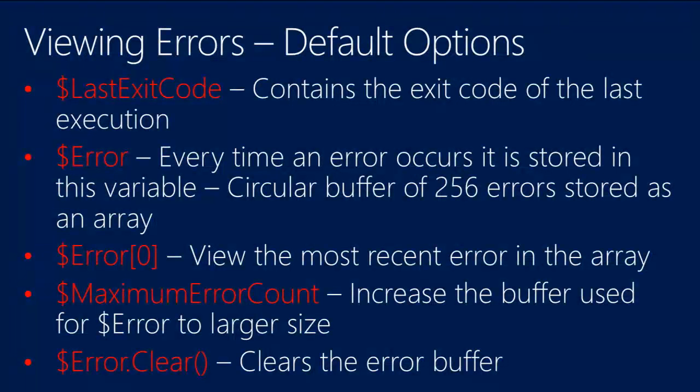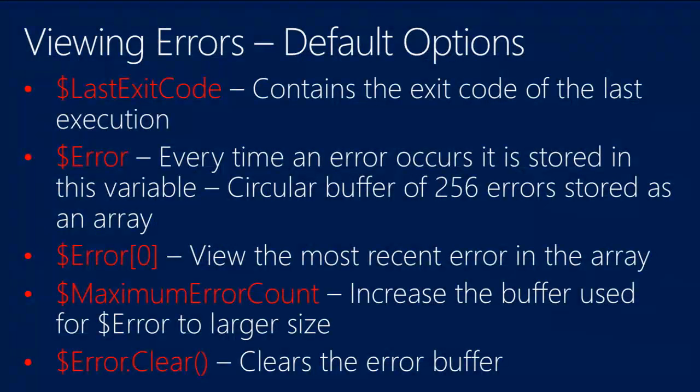You can also see $error[0], with a 0 in brackets there. And what that's going to do is it's going to show you the most recent error. You can also do $error[255] and see the farthest one down the queue, right? Since this is a circular buffer, there's up to 256 stored there, right? We can also increase it.